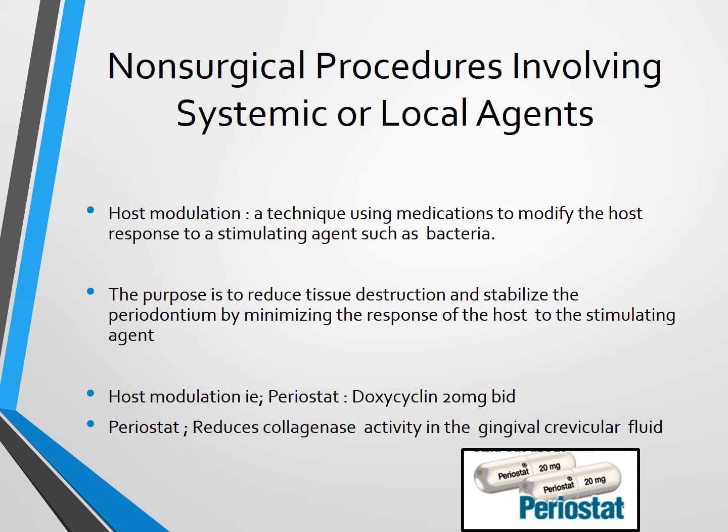In reducing this collagenase activity, it reduces the breakdown of collagen, which is contained in the gingival tissue as well as in the bone. It is important to utilize things like this because sometimes the host cannot respond adequately or is over-responsive, and therefore you have to make adjustments by using medications such as Periostat in order to inhibit the destruction that can come along if the host response was undisturbed.